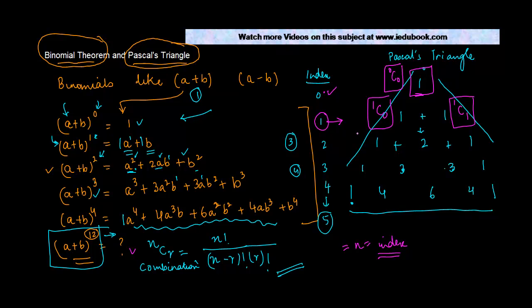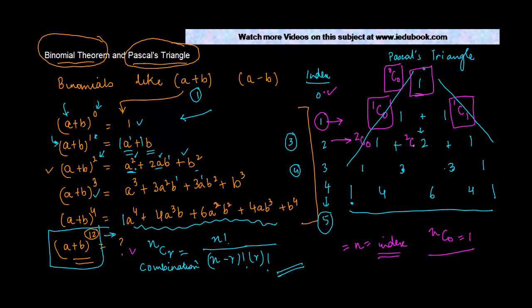Similarly for this one, how can you write this? You can write this as 2C0 because that is equal to 1. We know that nC0 is equal to 1. So when you have to write this in terms of the index, you can always write this as 2C0.